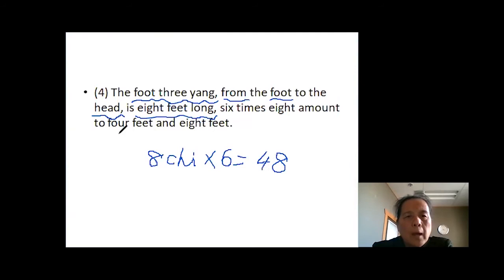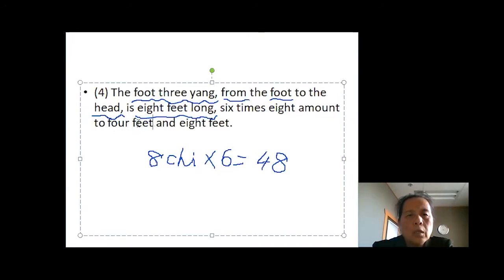I think there's still something wrong here. Oh, they still calculate separately here: 6 times 8 amounts to 4 zhang, it should be 4 zhang here, and 8 尺, because it originally is 尺.